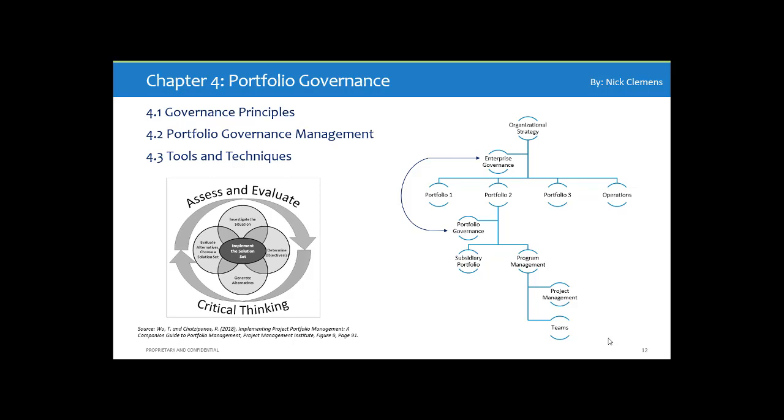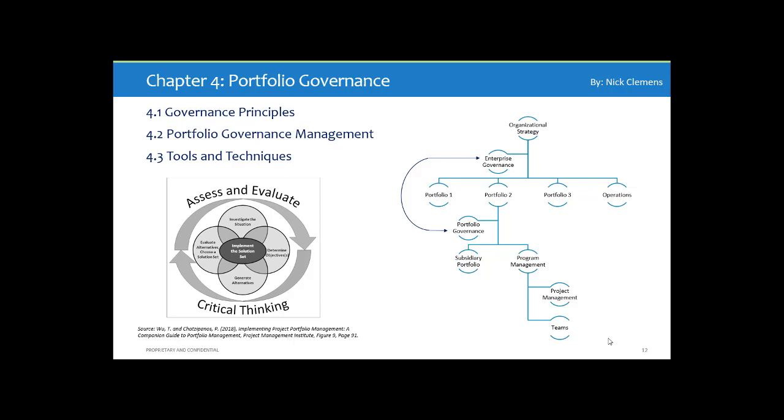So in the diagram on the left, you can see the cycle between assessing, evaluating, and the critical thinking that comes through from investigating the situation, determining the objective, generating alternatives, evaluating alternatives, and choosing a solution set, and then implementing the solution set as a part of the critical thinking required for portfolio management and its governance.